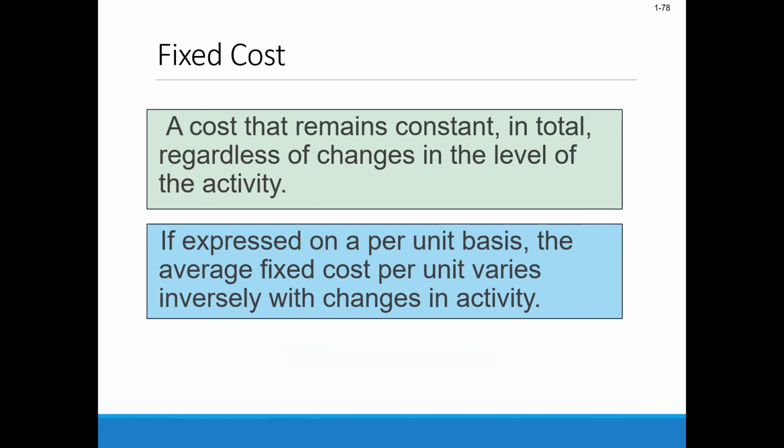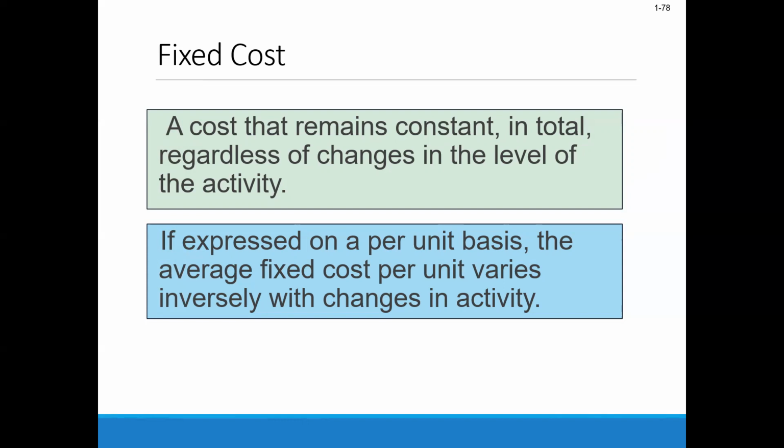I have a CPA office in Apple Valley. I pay rent of $2,600 a month. I pay rent if I see any clients or if I see no clients. That is a fixed cost. I also have a receptionist who pretty much works 40 hours a week. She works 40 hours a week if we make no money that month, or if we make a bunch of money that month.